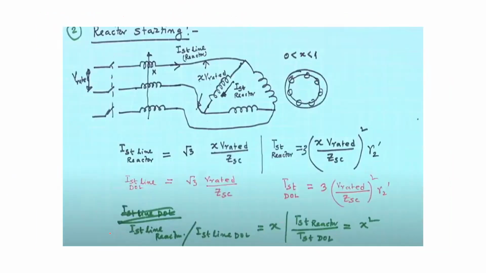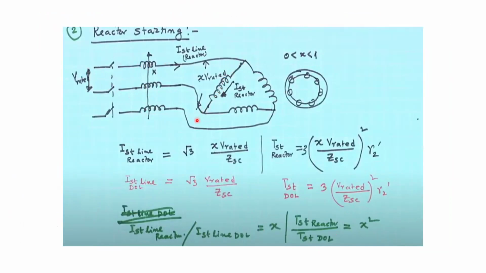Now we will see what happens to the starting current and starting torque in other methods. Another method is reactor starting. Here, along with the supply, you connect three-phase reactances externally to the stator of the machine. You can see that these are the three reactances. The voltage will get divided between the reactance and the winding of the induction machine.